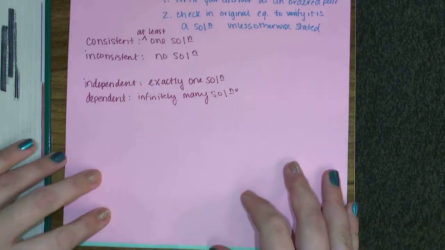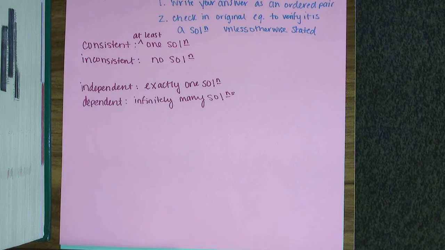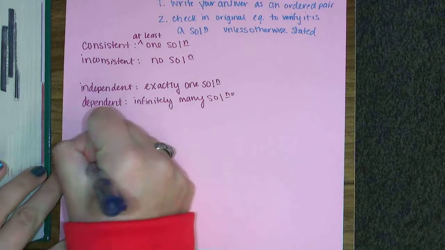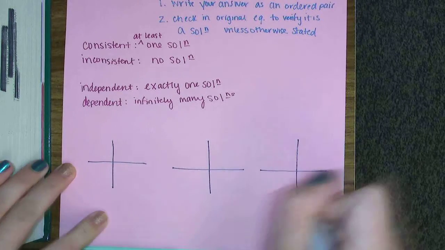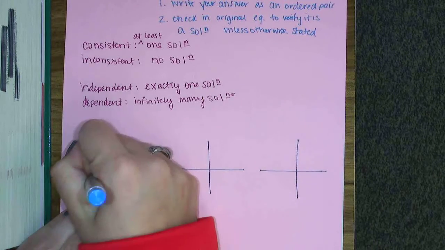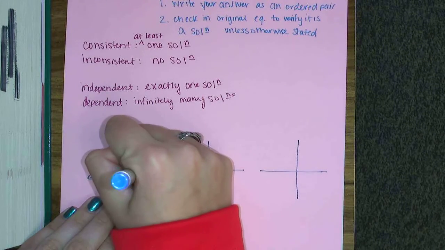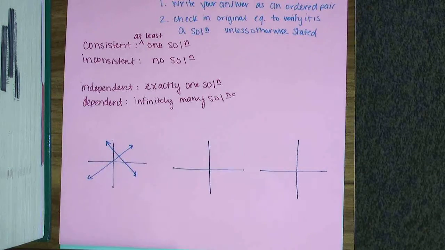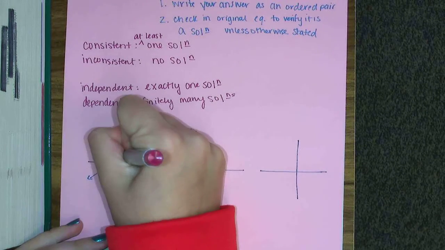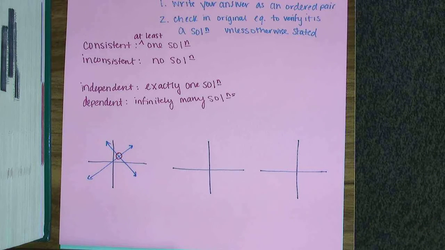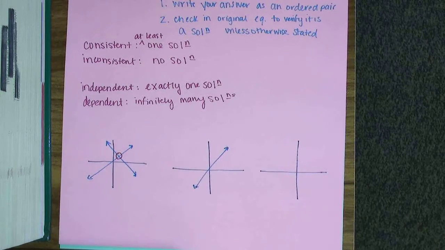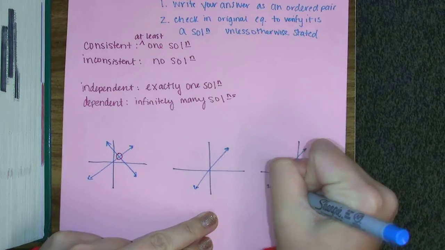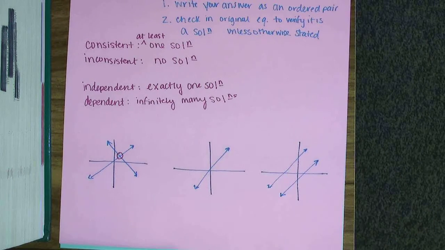Okay, so basically just in pictures so you guys can see this. We'll draw 3 graphs, leave a little space above and a little space below to write. If I have 2 lines, this point of intersection right there, your picture should look roughly like this.